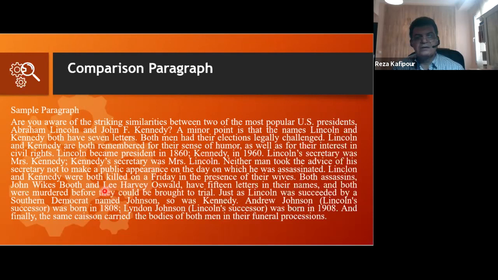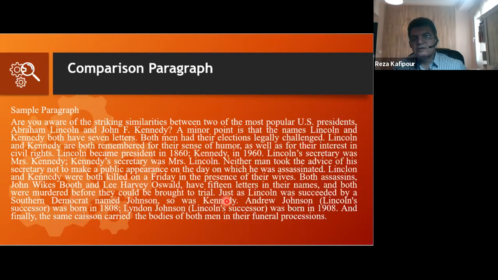Both names had 15 letters. And both were murdered before they could be brought to trial. Again, using both to show comparison based on this point that none of them could be brought to trial before being murdered.